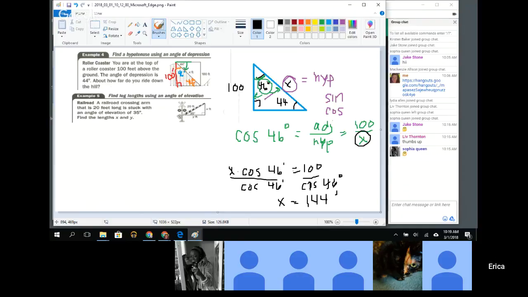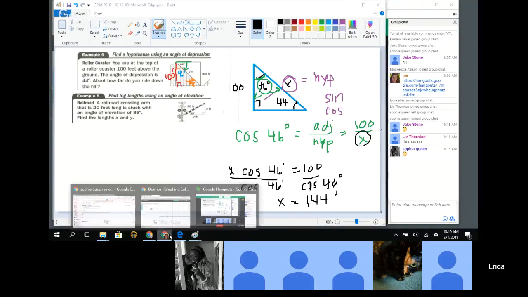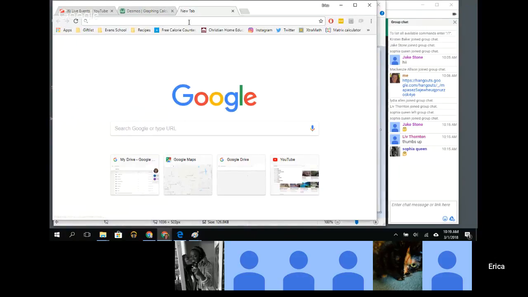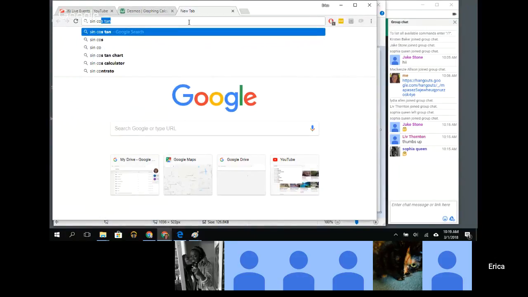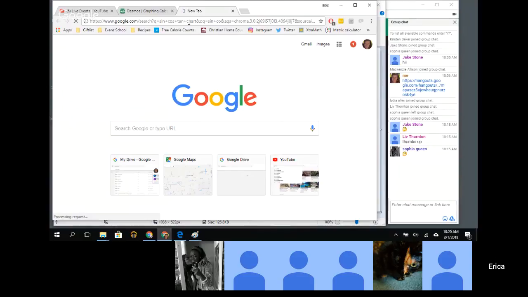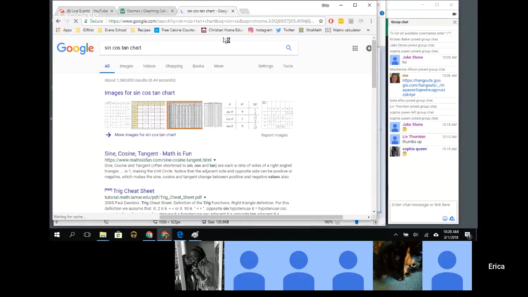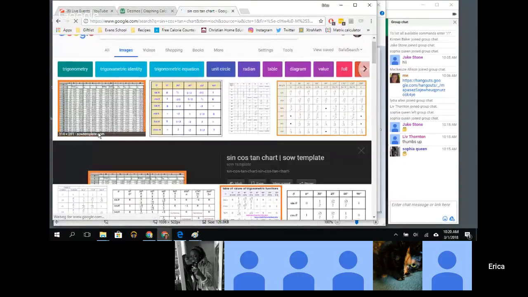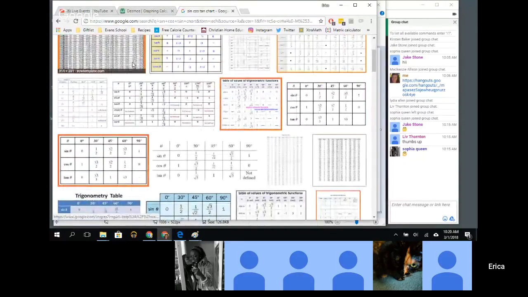If you really wanted to go old school, and I haven't done this yet, you could search for a sine, cosine, tangent chart. Back in the olden days, before calculators, people would use a big old chart like this.